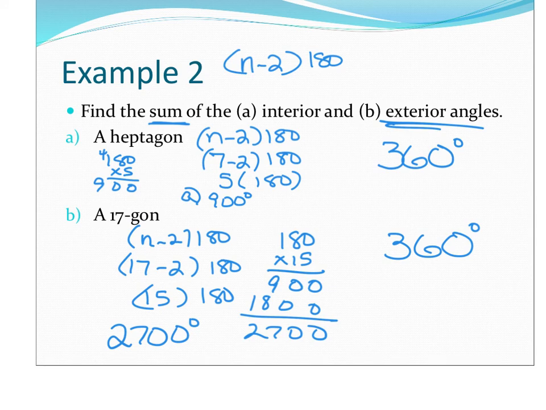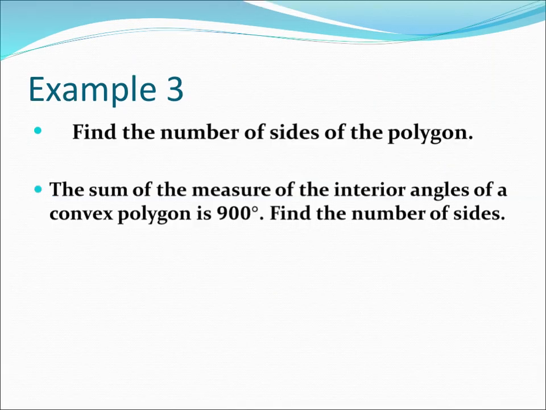Now, you should also be able to work backwards from the formula. So instead of them giving us the number of sides, they're going to give us the sum of the angles. So let's try the next example. For this one, they want us to find how many sides are in the polygon.